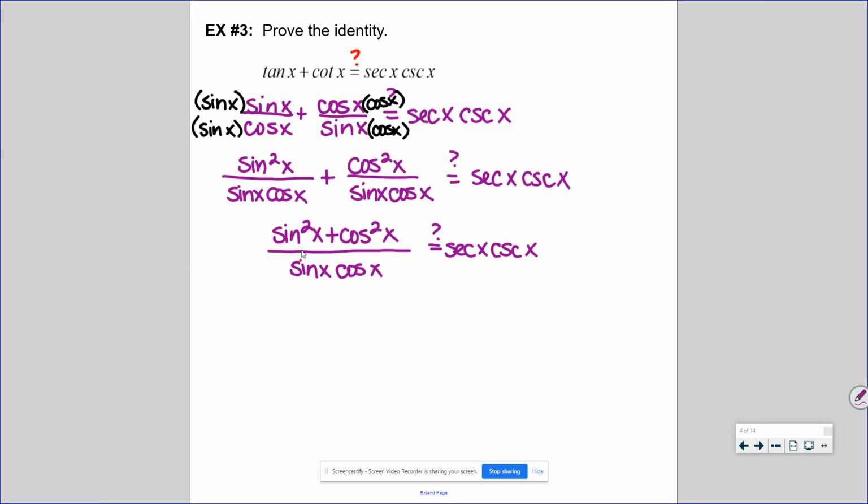That's so annoying. Anyway, what can I do now? Actually, do you see all this stuff on the top here? Isn't there a Pythagorean identity that says sine squared plus cosine squared is equal to 1? So what I can do is I can take out the sine squared plus cosine squared and put a 1 in its place.